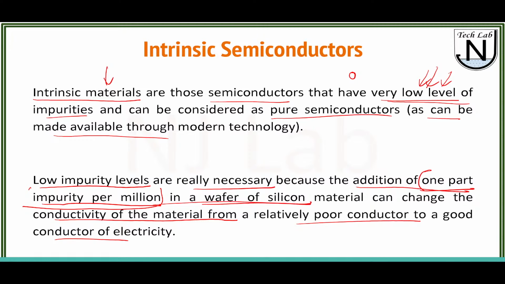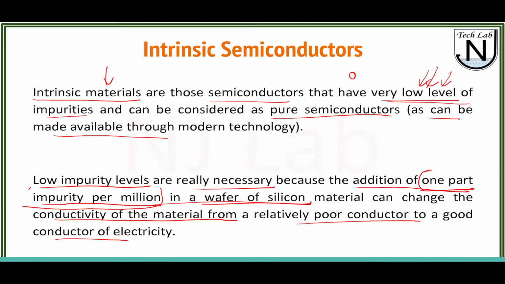So very, very little impurity we are going to add to the pure silicon, meaning to the intrinsic semiconductor material, we add impurity according to us, and in that way we are going to control the conductivity.